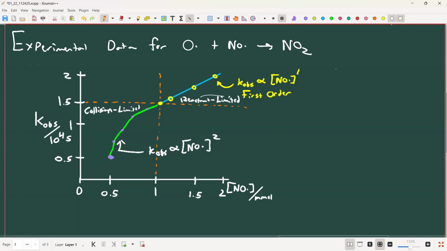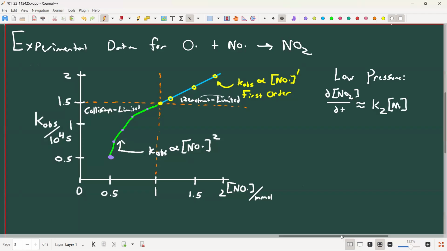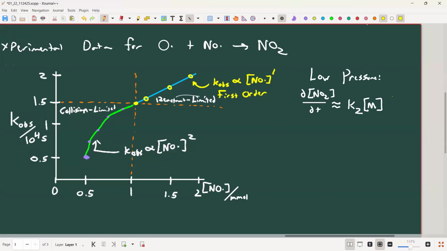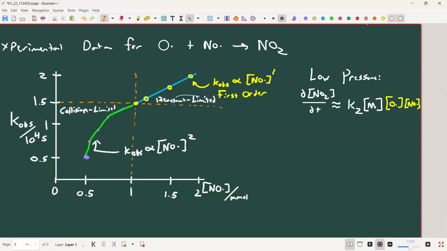Remember at low pressure, the rate of formation of NO2 is proportional to the collision rate of M with NO, so that's K2 times the concentration of M times the concentration of O times NO. All right, so this is low pressure.